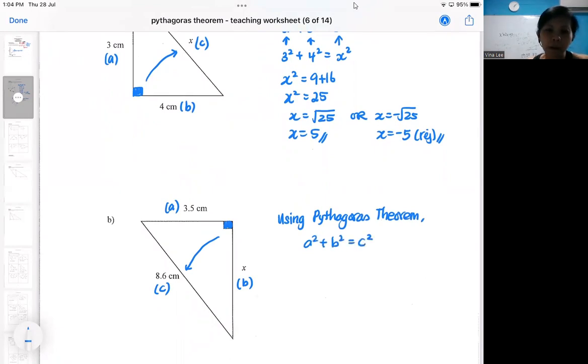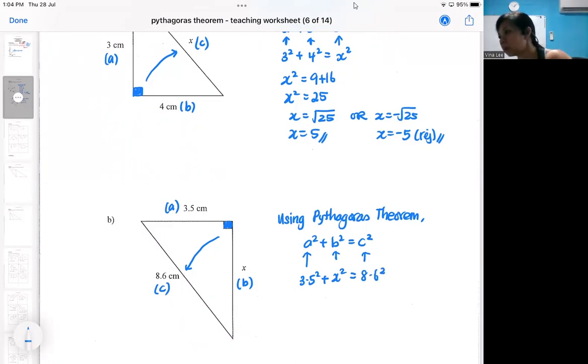But every A, B, and C will be different, so later on please replace the formula. This is 3.5. This is the X. This is the 8.6.